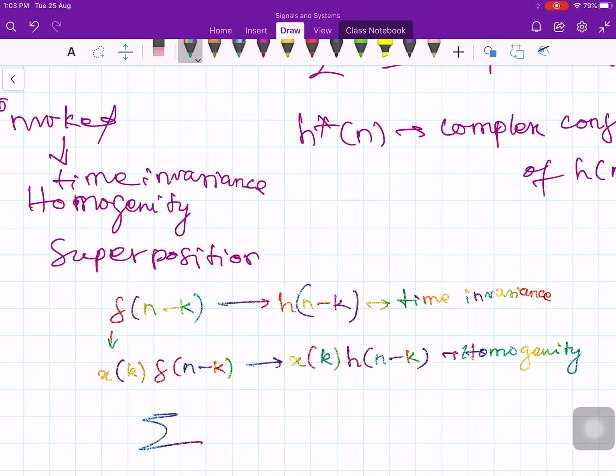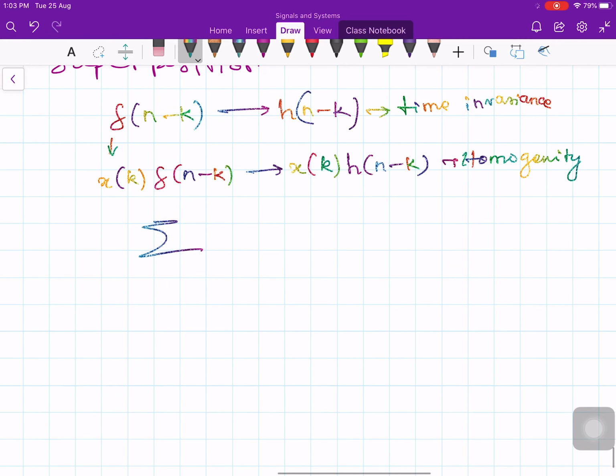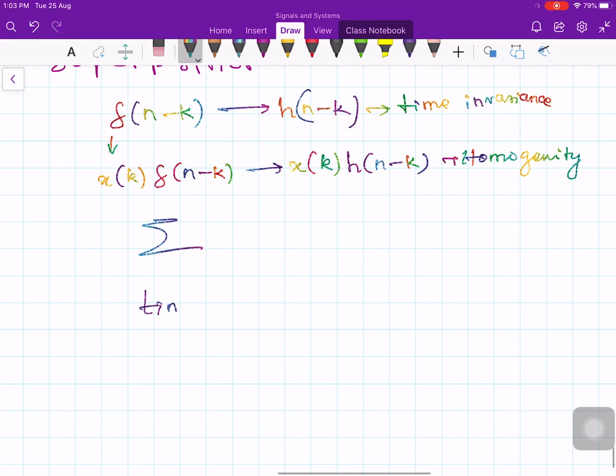In case the system is a linear time varying system, then also you may have convolution.